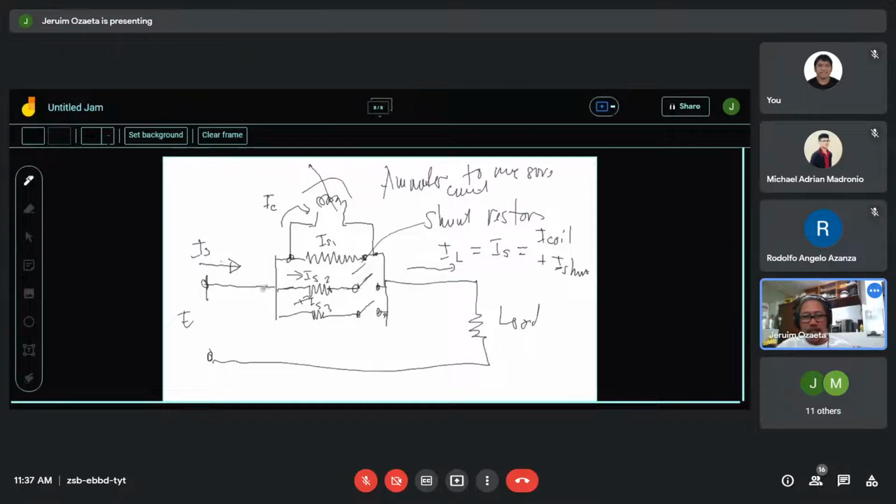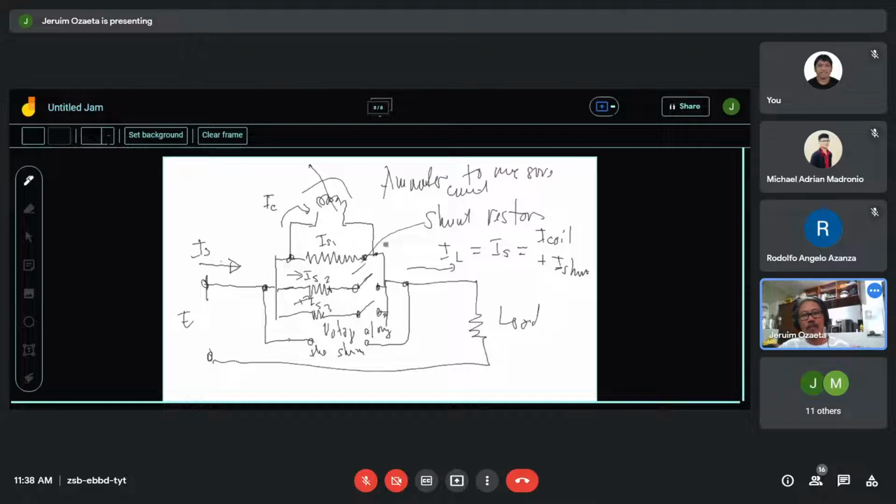Take note here that between the shunt and the coil there exists a voltage, which can be considered a voltage drop, or this is the voltage along the shunt.